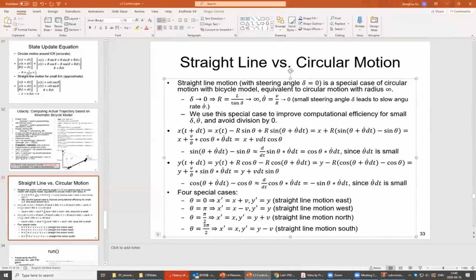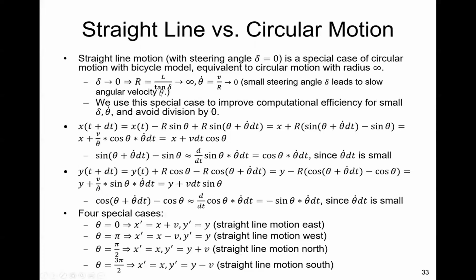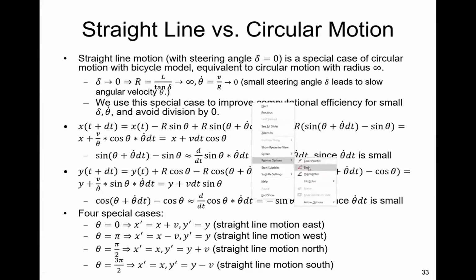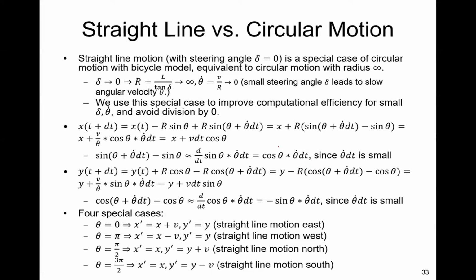That's the better term. We then get a special case for the straight line motion to improve computational efficiency for small delta and theta dot, and also to avoid division by 0.